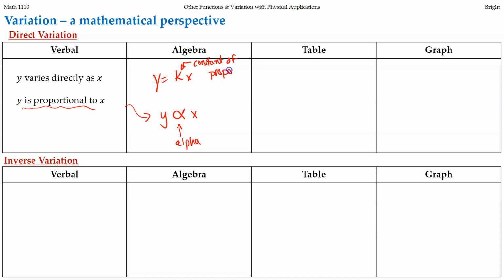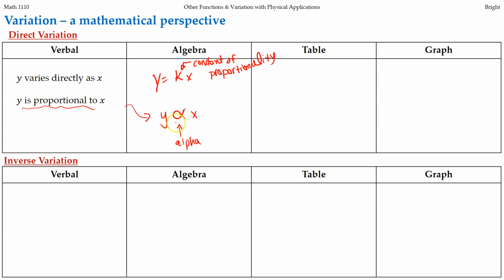Every time you see the language "y varies directly as x" or "y is proportional to x," you can think of y alpha x. My physics teacher called this symbol the Jesus fish, but really it's just alpha. It means proportional to.